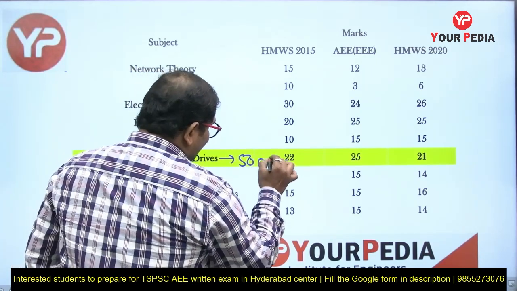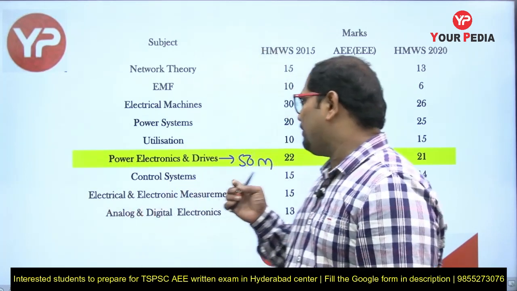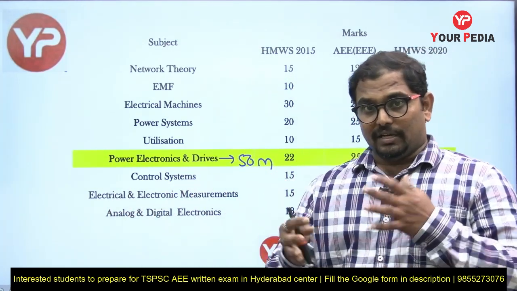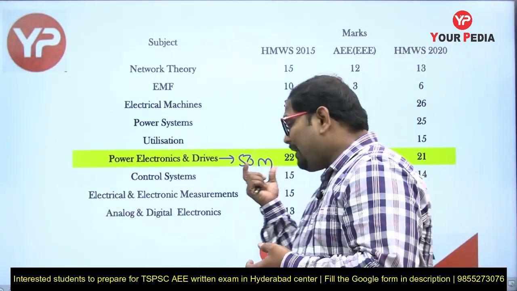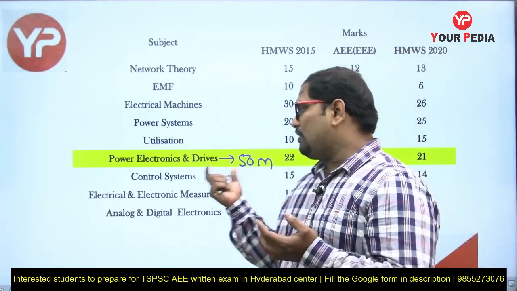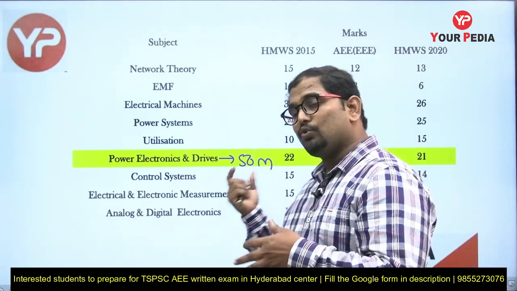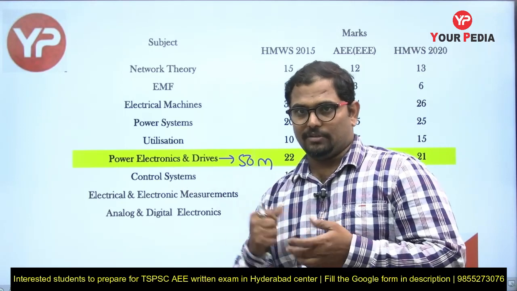If you have 50 marks weightage for this subject, it will play a crucial role in your selection. Yes or not? Because you have a huge amount of marks for this subject.